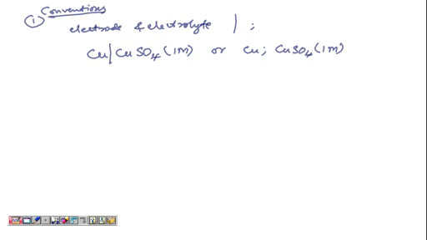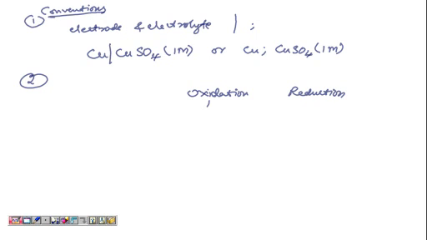The second convention is that while writing the electrodes, we always represent the oxidation electrode towards the left hand side, and the reduction electrode towards the right hand side.